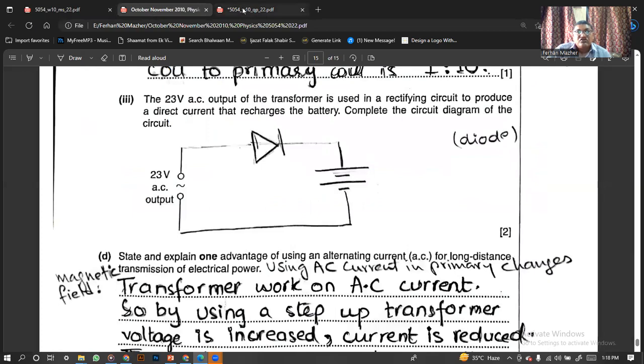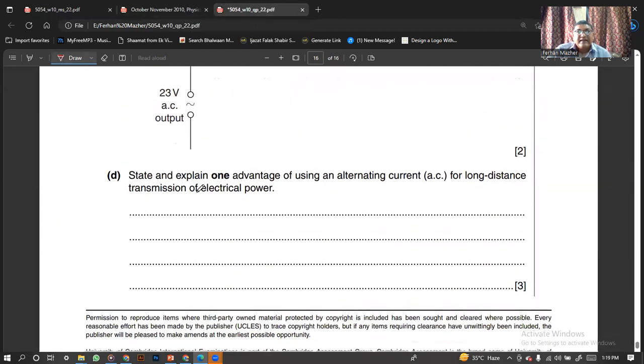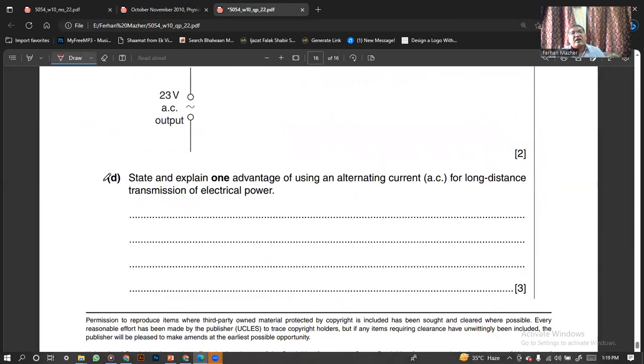Okay. So then we have: state and explain one advantage of using an alternating current for long distance transmission of the electric power. You see, when we use alternating current in the long transmission lines, we can use transformers because the transformers will work on alternating current. And with the help of the transformers at the power station, we will increase the voltage.